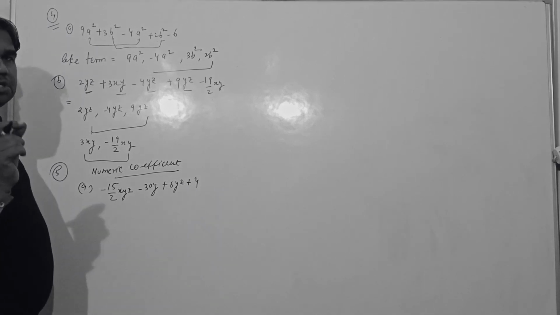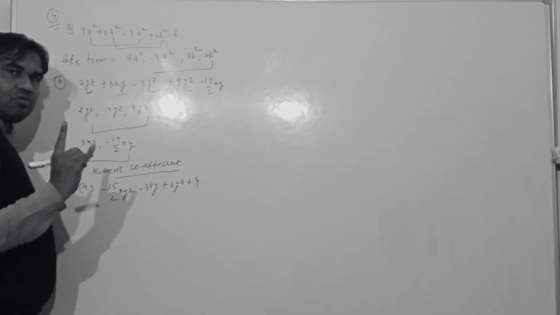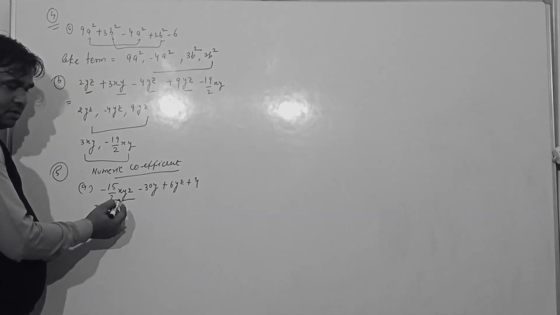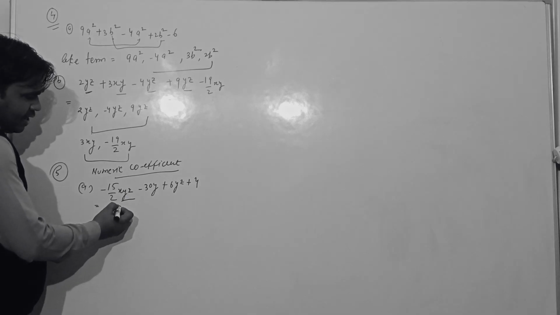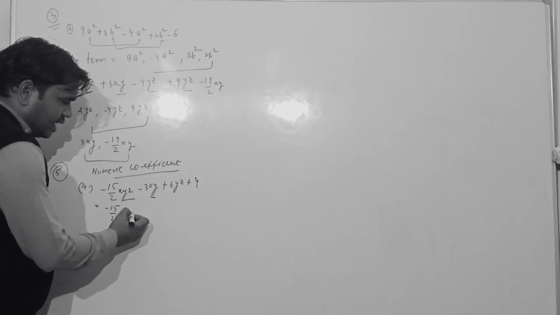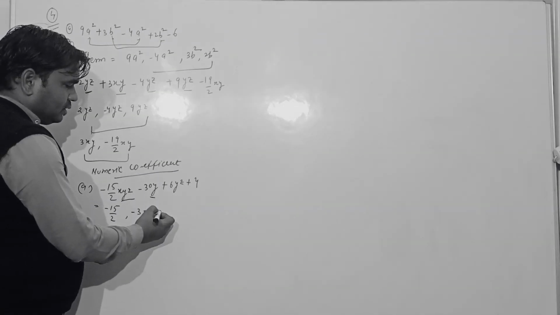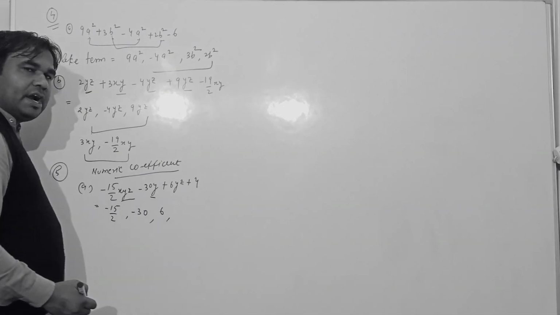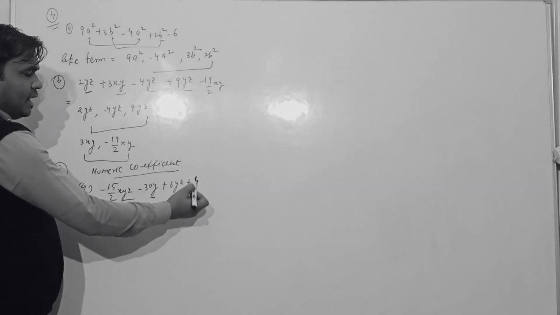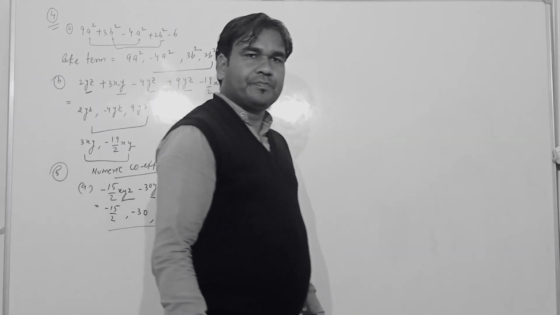So here you see, students, in question number 5's A part, the numeric coefficient of xyz is minus 15 over 2, the coefficient of y is minus 30, the coefficient of yz is 6, and the constant term is 4. So we can write this in the same way.